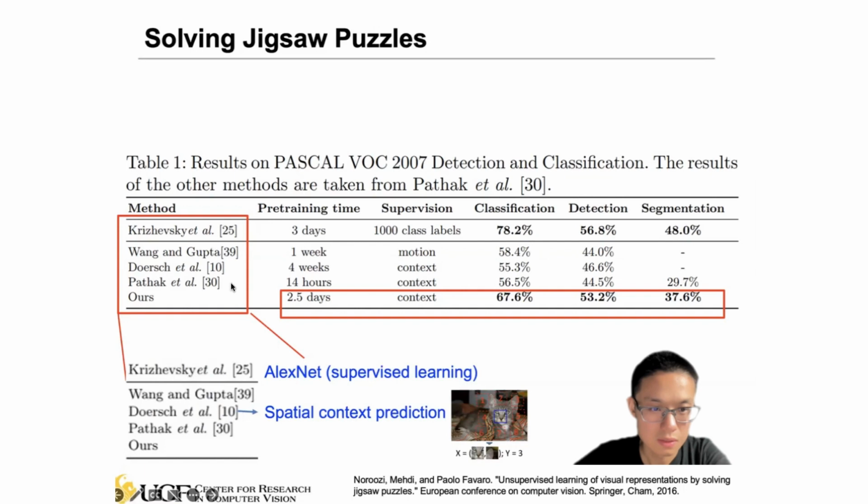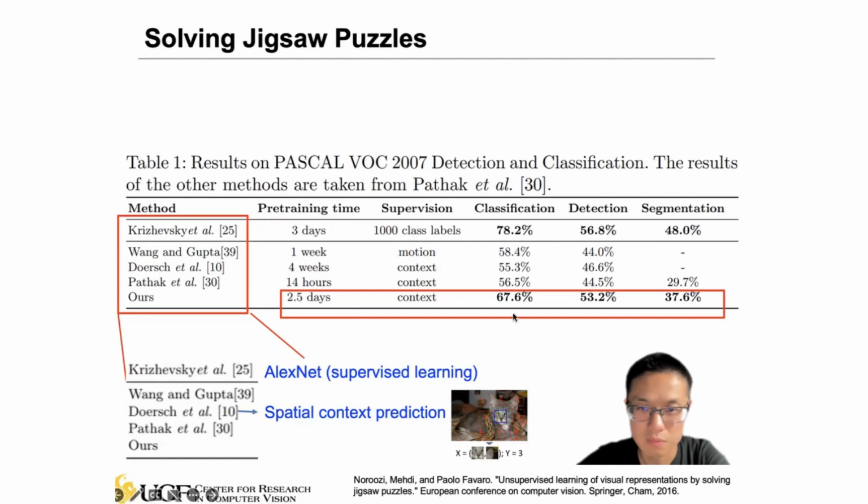And this number 10 is the spatial context prediction, using the center patch to predict the position of a randomly selected patch. It took 4 weeks to do the pre-training. They don't use the ground truth label for supervision, just the context, so this is a self-supervised learning approach. And this is the classification result on this VOC data set.